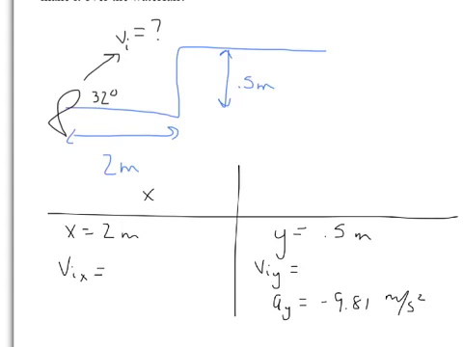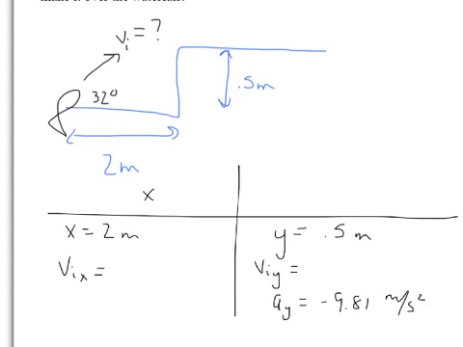We don't know the time, so I'm not going to worry about that now. But we do know something about VIX and VIY. What is the definition of VIX, according to that slide 2 slides ago? It would be 2 times cosine 32 degrees. Close, not 2. 2 is x, right? Just give me the definition. It's the initial velocity times the cosine of the angle.